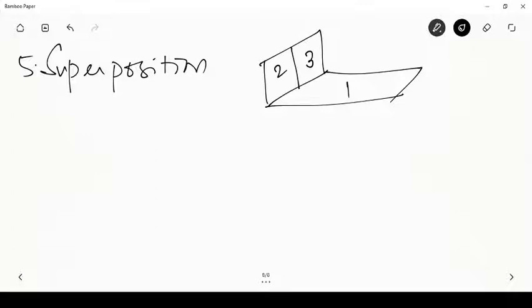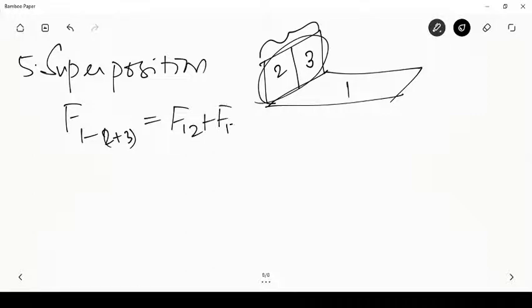Then if I say the surface 2 plus 3, so F1 to 2 plus 3, where 2 plus 3 is this whole rectangle, will be equal to F12 plus F13. This is plain logic. The fraction of energy that is leaving 1 and reaching 2, and the fraction of energy that is leaving 1 and reaching 3, when added together will give me the fraction of energy that is leaving 1 and reaching surface 2 plus 3.